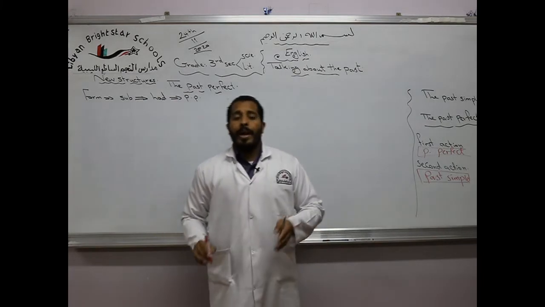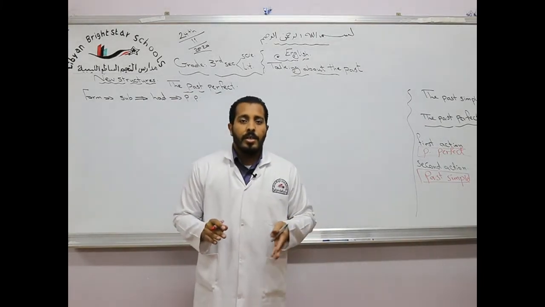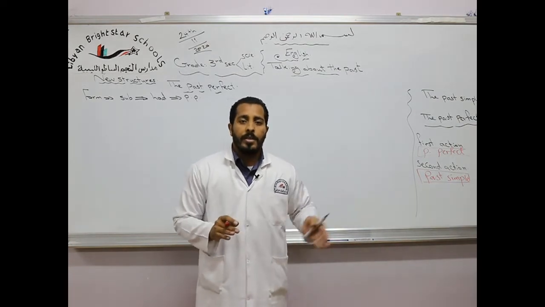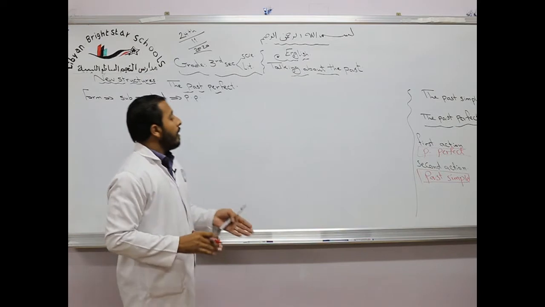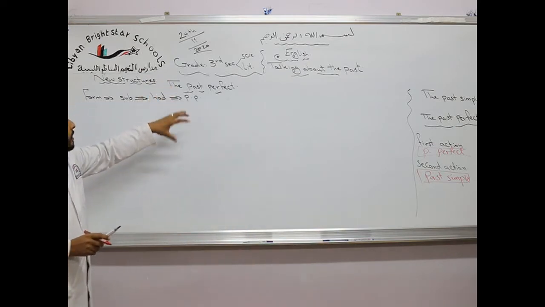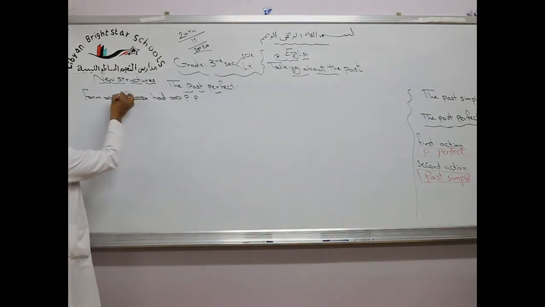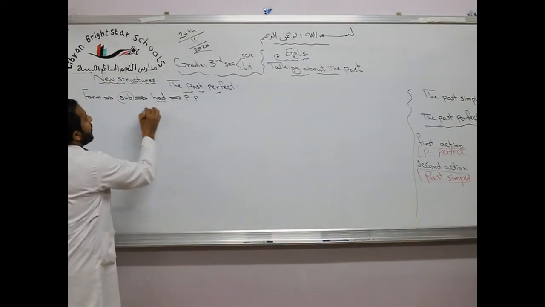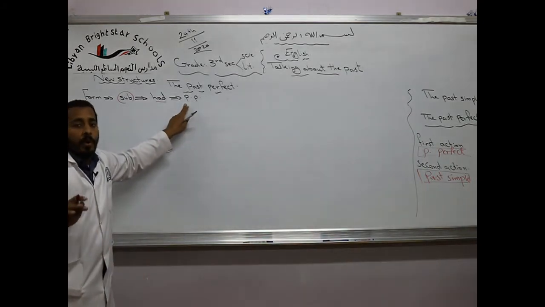Again, when we had two actions in the past, one of them happened before the other, so the first action must be past perfect, and the second action must be past simple. How can we form a sentence in the past perfect? Form: subject, had, plus past participle. Past participle is the third form of the verb.